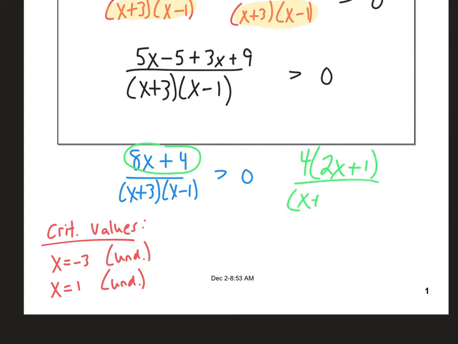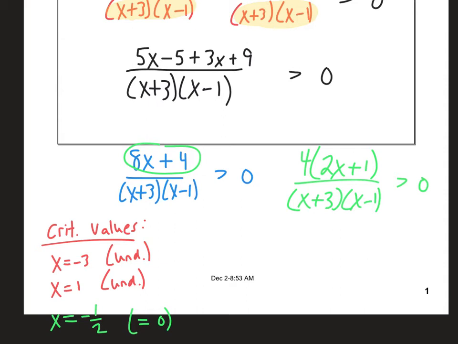Okay, and the denominator is still x plus 3, x minus 1, greater than 0. And that lets us see that if that 2x plus 1 were set equal to 0, that would make the whole expression equal 0. So 2x plus 1 equals 0 would give us another critical value of x equals negative 1/2. And again, that would make the expression actually equal 0.